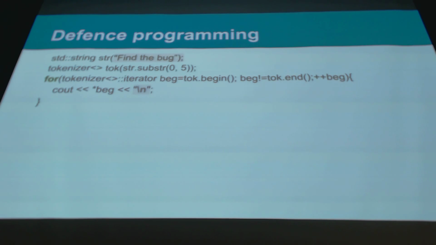So each time I ask for an iterator here, it will just go and search for the next token. So what will happen here is that we will bind a reference to a temporary object that will disappear after we construct the tokenizer. And it's a common bug when you use classes like this. So we'll try to defend ourselves from things like this.